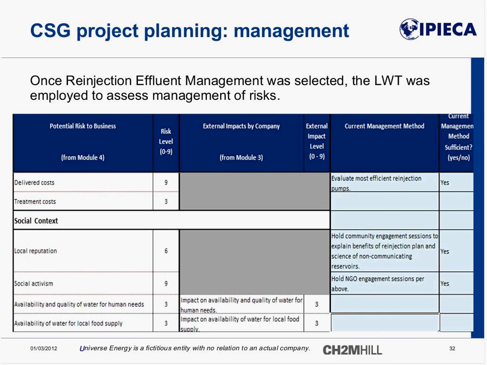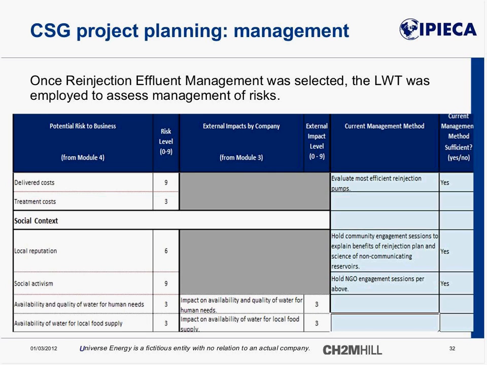This slide shows the last module that's in the local water tool. It helps the company identify its management plans for each one of these risks. So you actually use the tool to plan what the management method should be for the risks that the company is anticipating around reinjection.